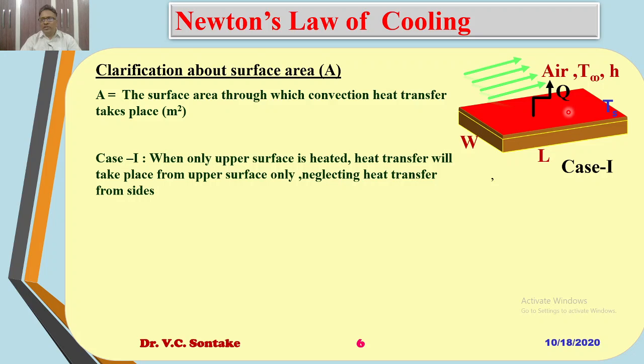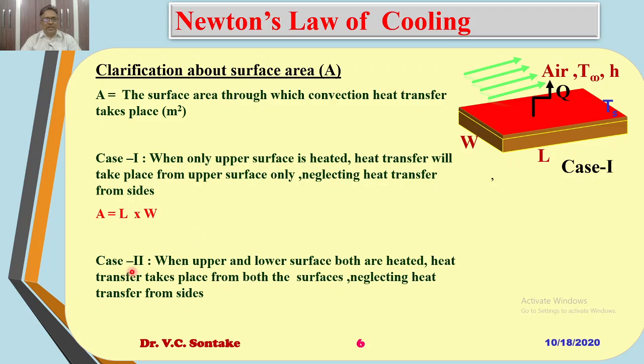So only the upper surface area will come into the picture to calculate the heat transfer rate from plate to fluid. In this case, I can take the area as length into width of the plate.